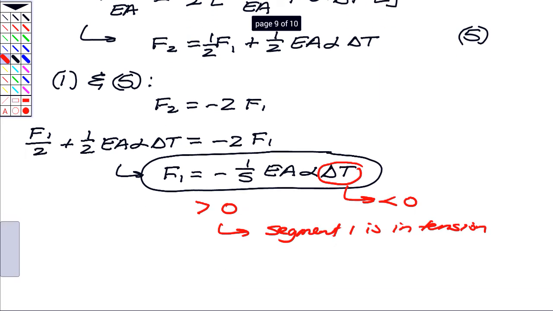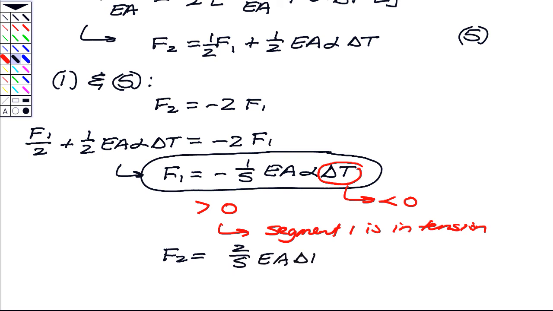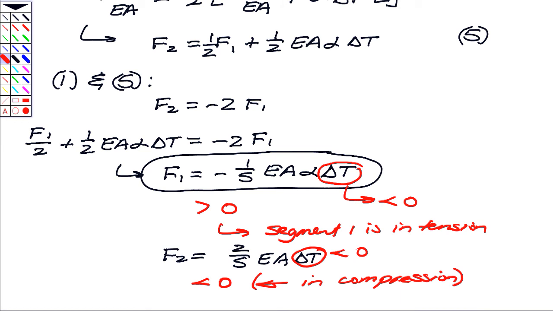Solving for F2, F2 will end up being 2/5 EA delta T. And again, since delta T is negative, in this case F2 itself is negative, so F2 is in compression. As a result of the thermal contraction on 1, that's going to compress 2, and that makes sense.